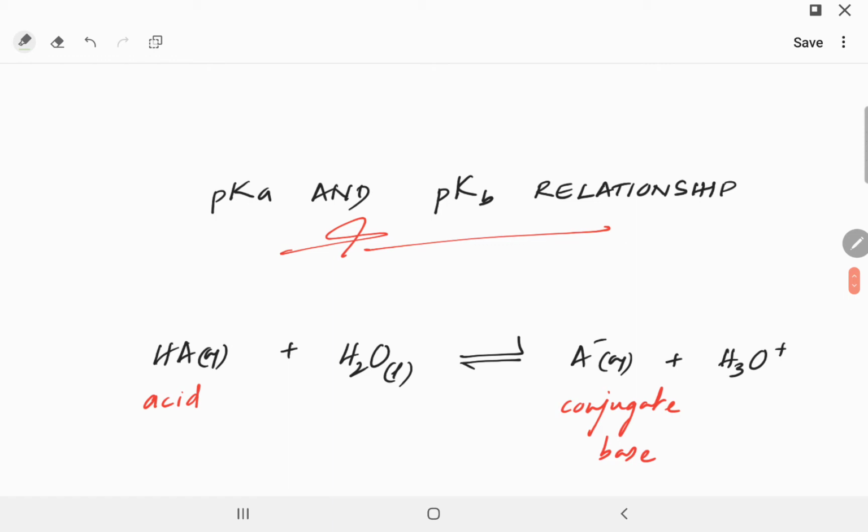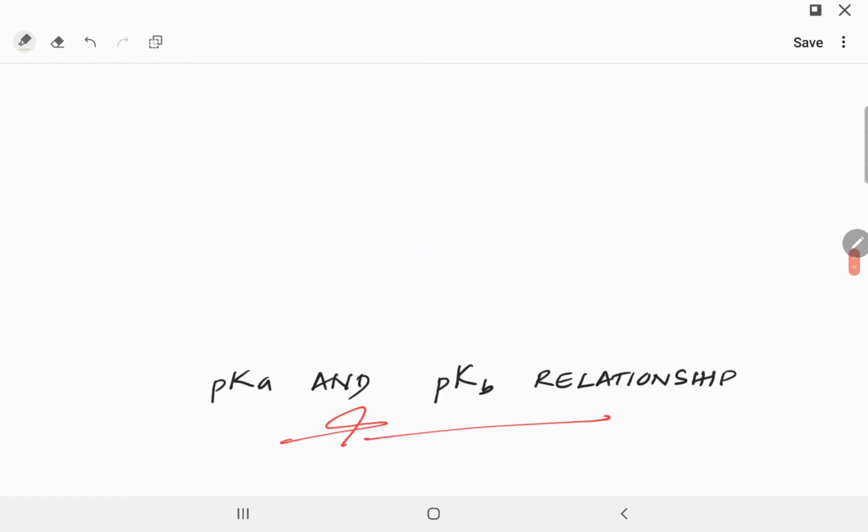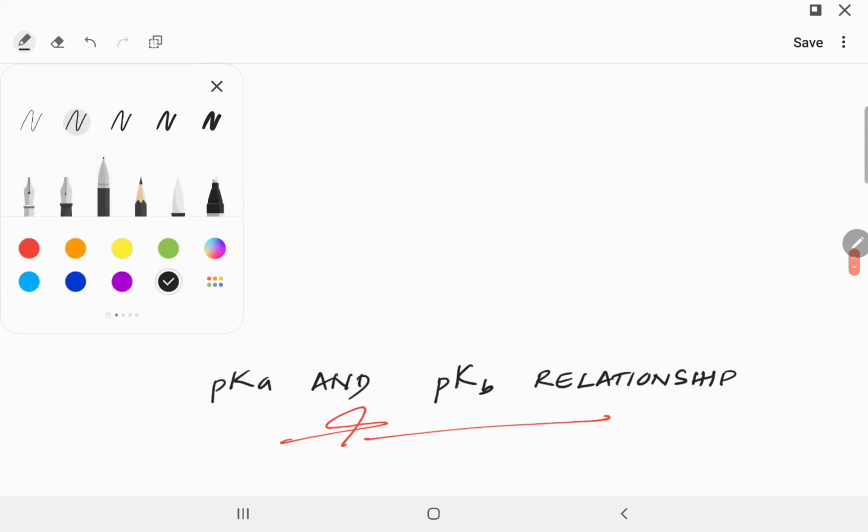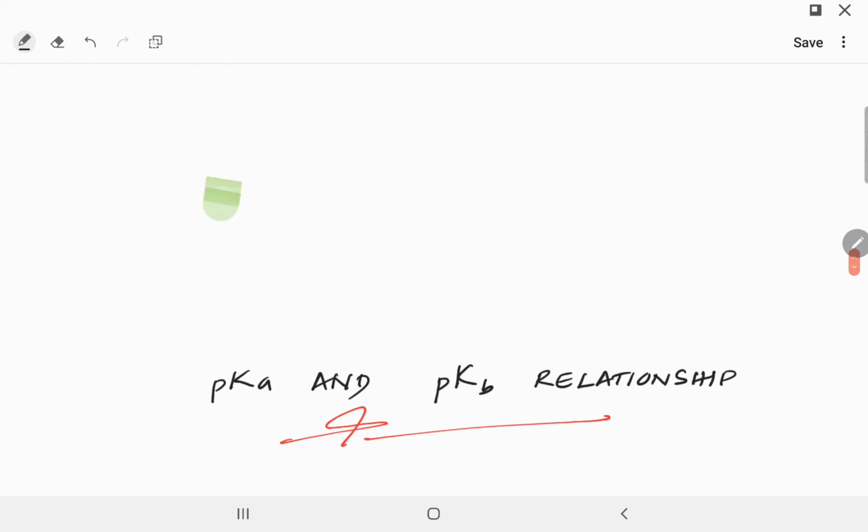We already know what pKa is. pKa is minus log of Ka, minus log of our acidity constant.